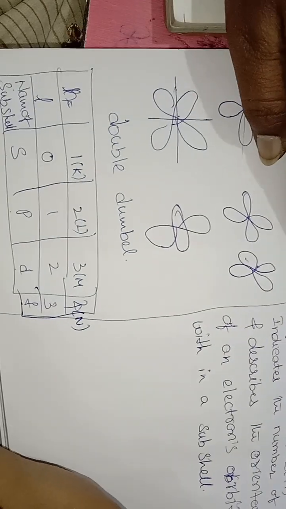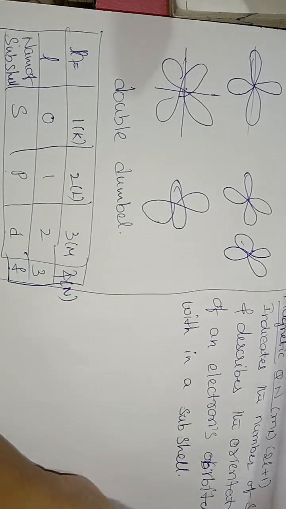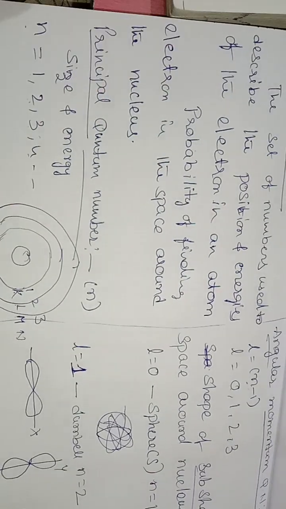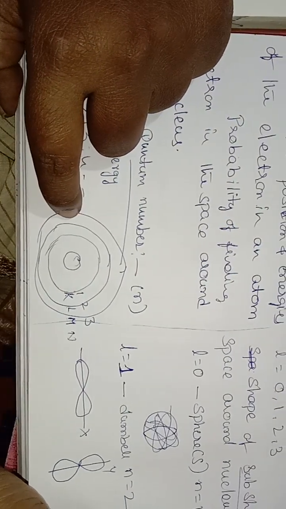Now, up to now we discussed the principal quantum number. It indicates that electrons revolve around the nucleus within the specified region.